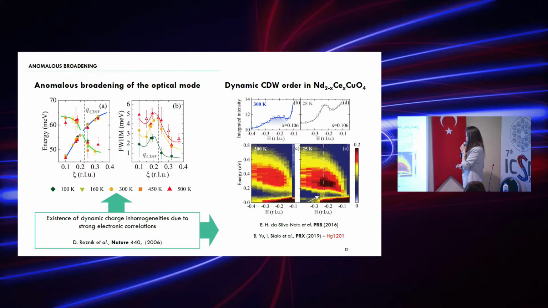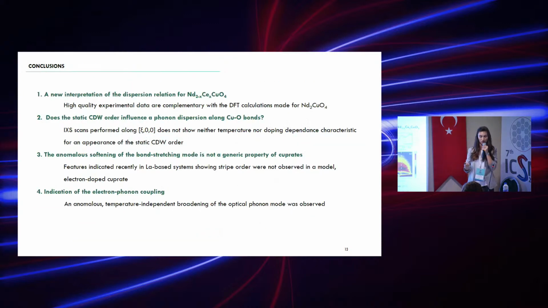And that's shown on these two pictures. And my message is that these dynamic fluctuations are causing anomalous behavior of phonon modes about the wave vector, of course, of these dynamic fluctuations. And this phenomenon of dynamic fluctuations is a generic property of cuprates. We measured that also for hole-doped mercury 1201.